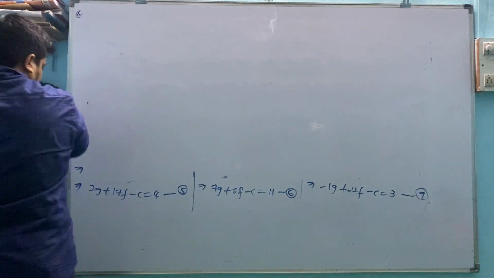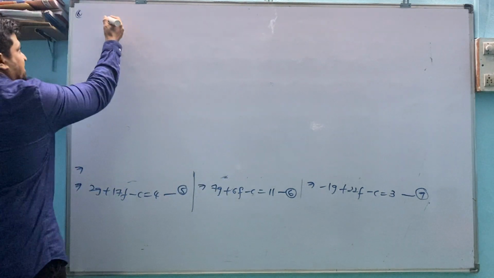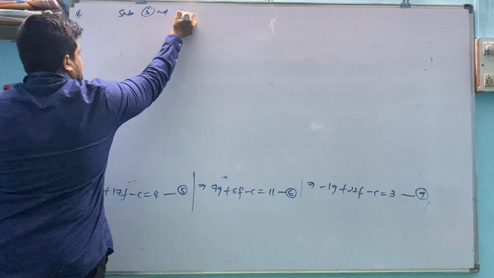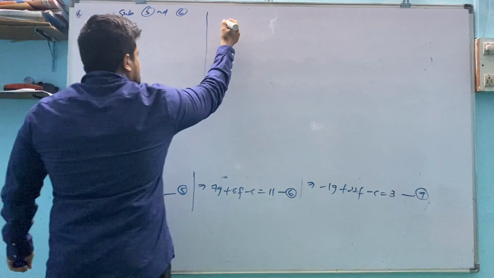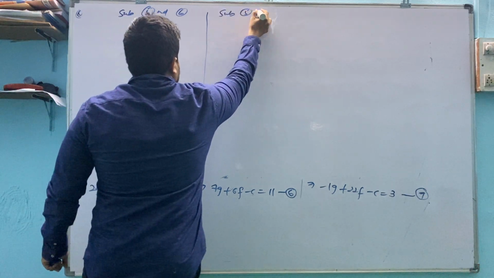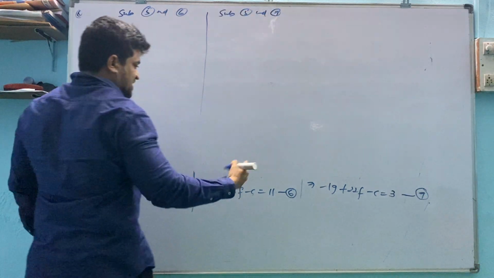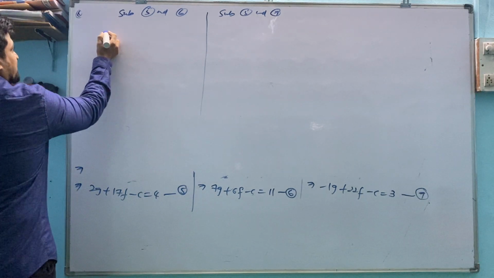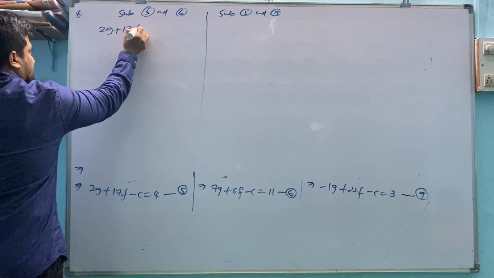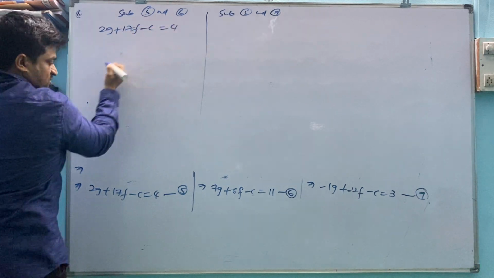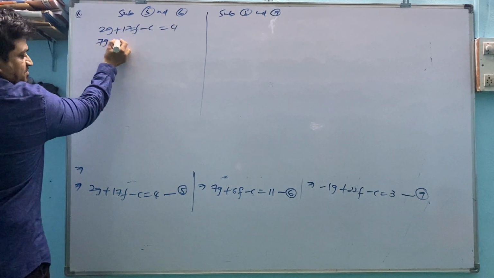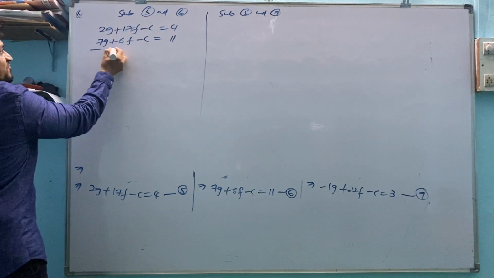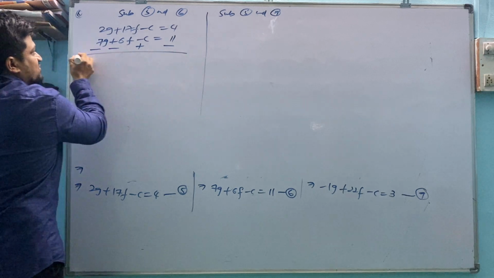Now once we got 3 equations, subtracting 5 and 6, or 5 and 7, or 6 and 7, your wish. 5 and 6, so 2g plus 17f minus c is 4, 7g plus 6f minus c is equals to 11. Why we are subtracting? To cancel this c value we have to subtract.